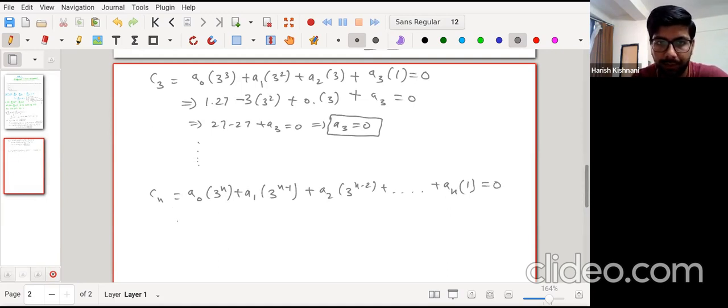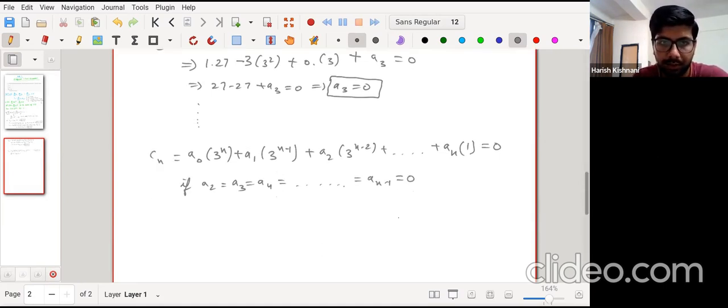So if A2, A3, A4, so on to the coefficients till An minus 1 are 0, then what will you have?